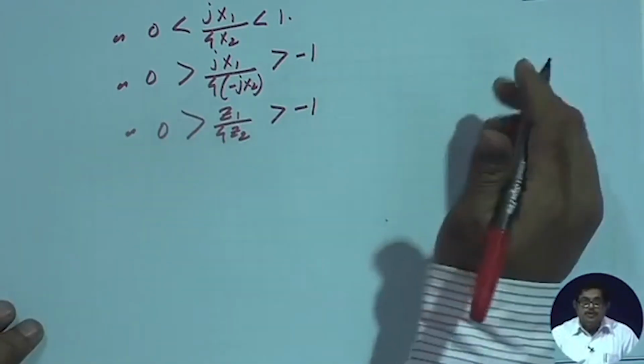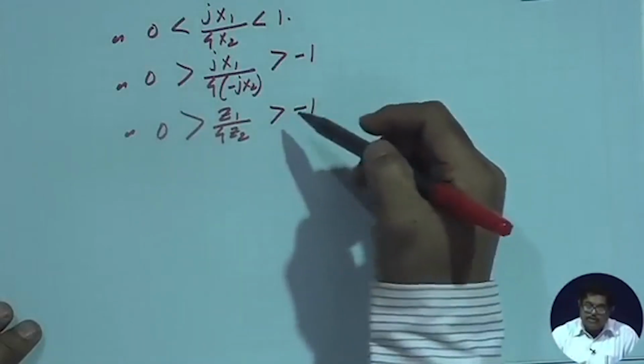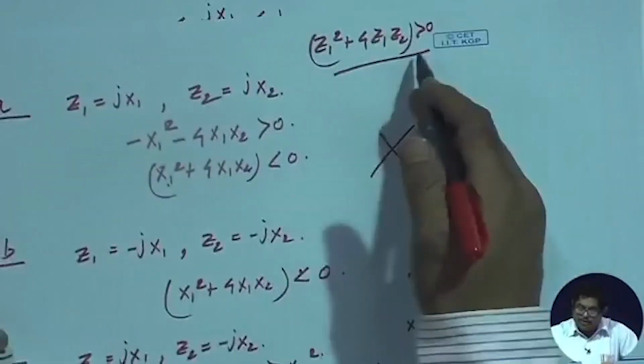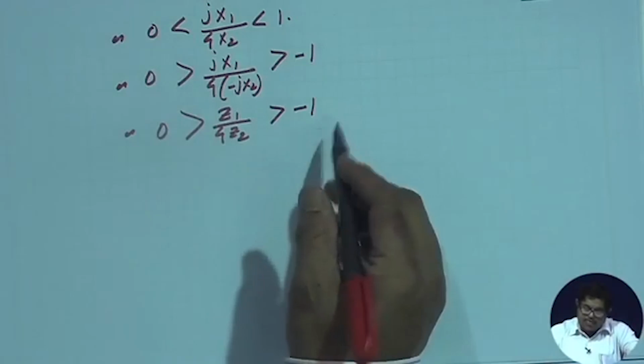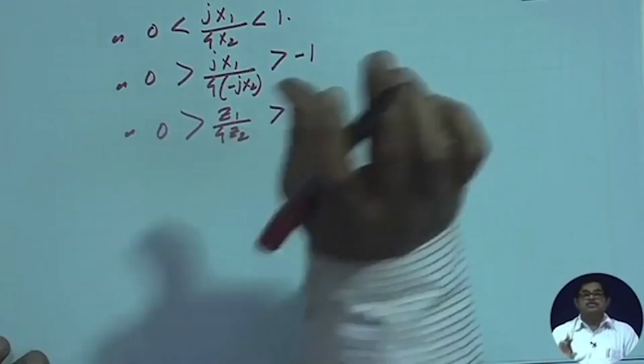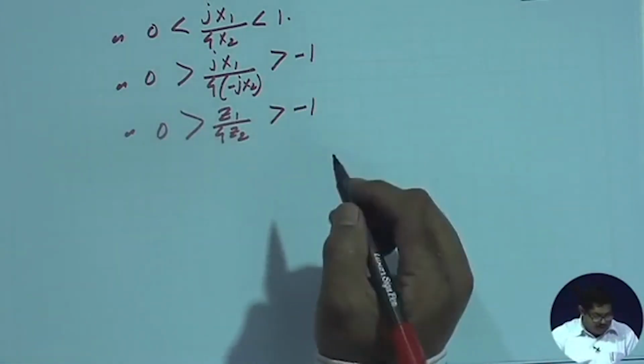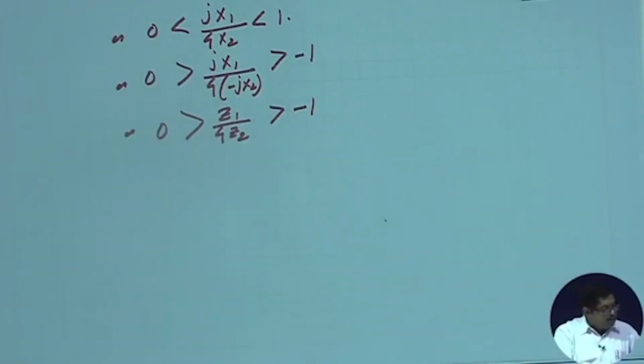So this is possible. If we enforce this condition, it boils down to Z1 by 4 Z2 being between 0 and minus 1.